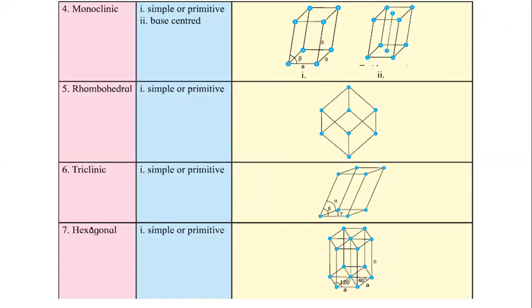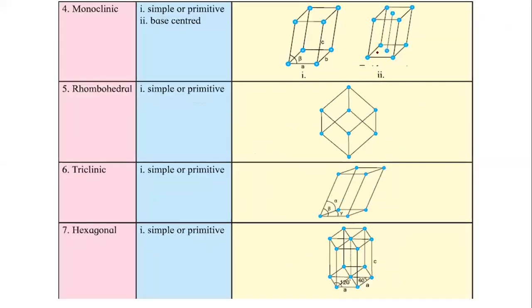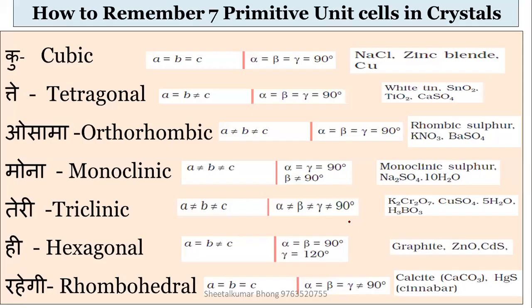These are the 7 crystal systems. But we can find 14 different structures here. See, this is 1, 2, 3, 4, 5, 6, 7, 8, 9, 10, 11, 12, 13, and 14. These are the 14 types by which we can join the lattice points. So there are 14 Bravais lattices and 7 crystal systems.